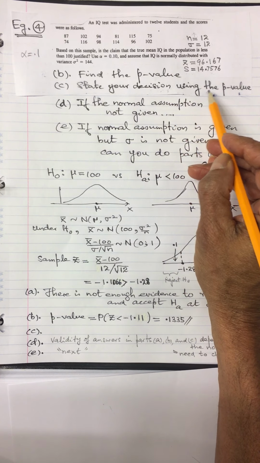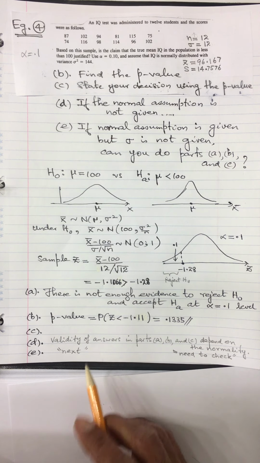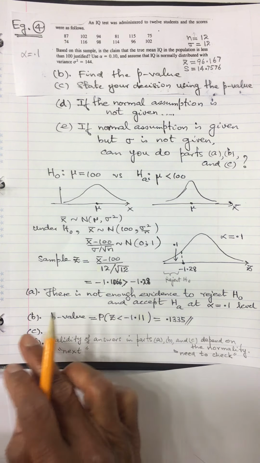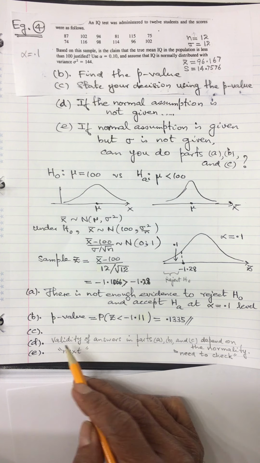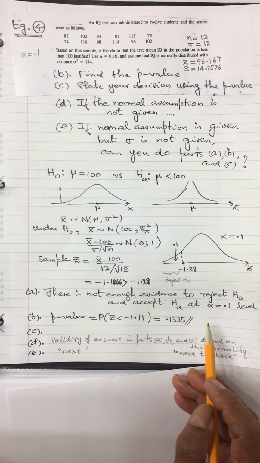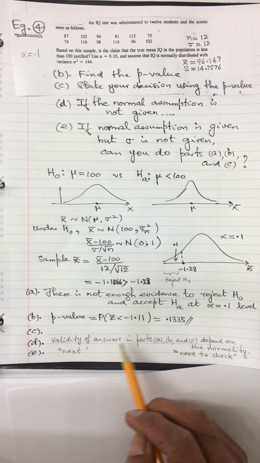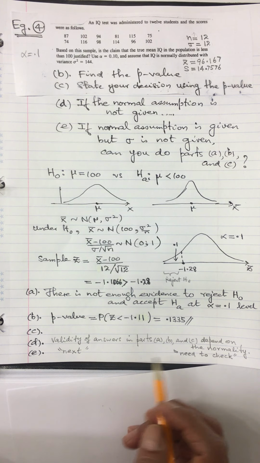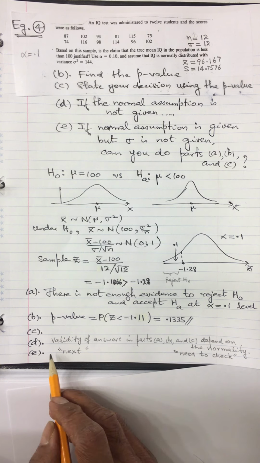State your decision using the p-value like before. If the alpha level is bigger than that, then you reject the H naught and accept HA. Otherwise, you cannot reject H naught. All right. So that's part C.